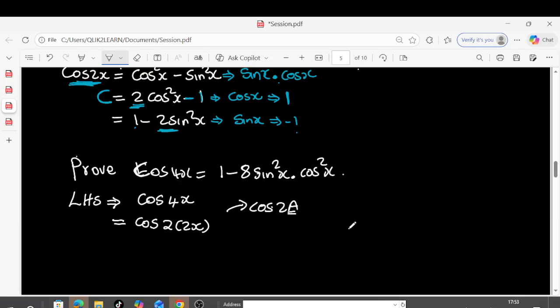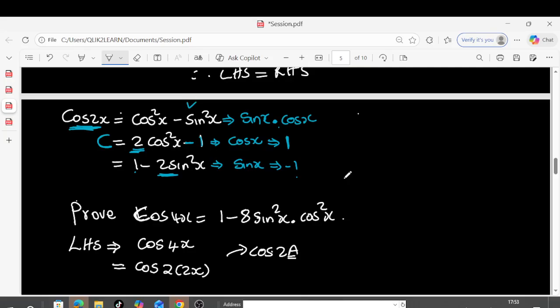Now, what's next? Look at this. If I go up now, I need to choose which identity I need to use. When it comes to proofs, when you choose your identities, make sure that you look at your aim. What are you looking for? On our solution, we need to have the sine times cos.